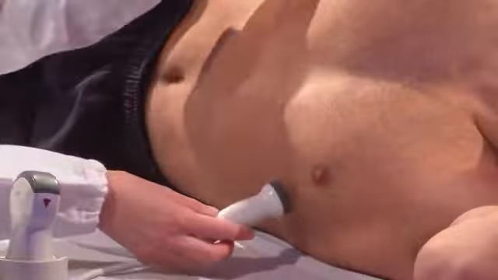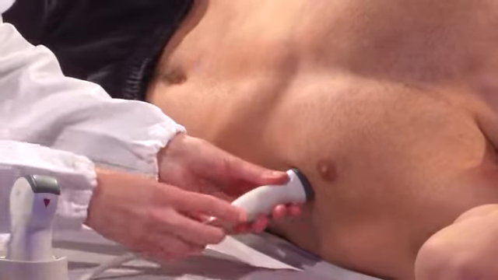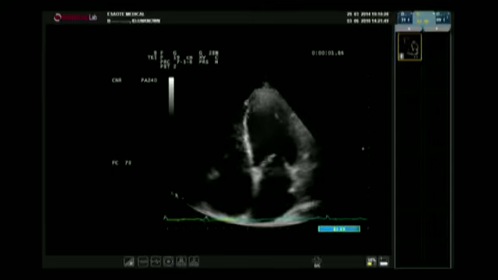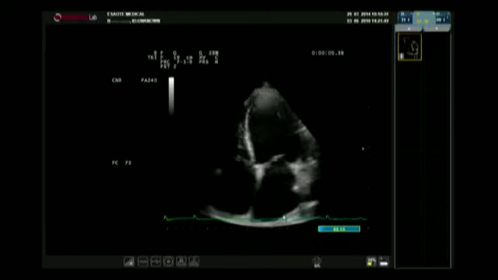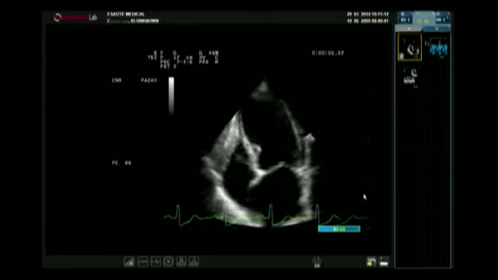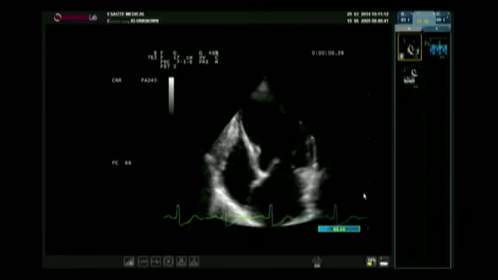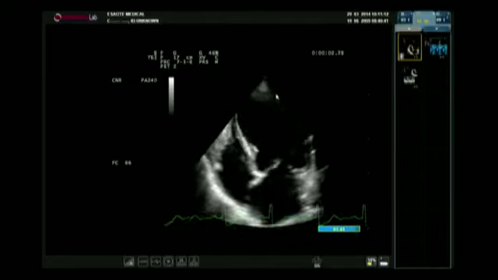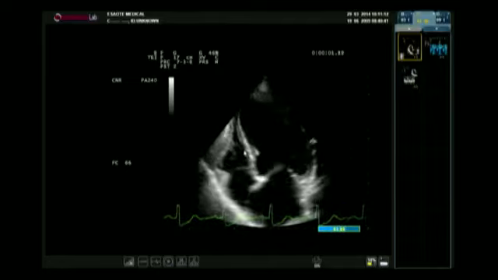Now you should go to the apical four-chamber view, where you can better appreciate left ventricular function. And again, it is important to establish whether you have a global dysfunction or if you have regional wall motion abnormalities.